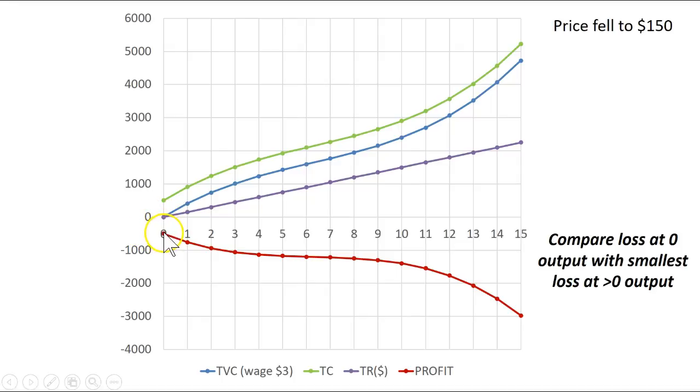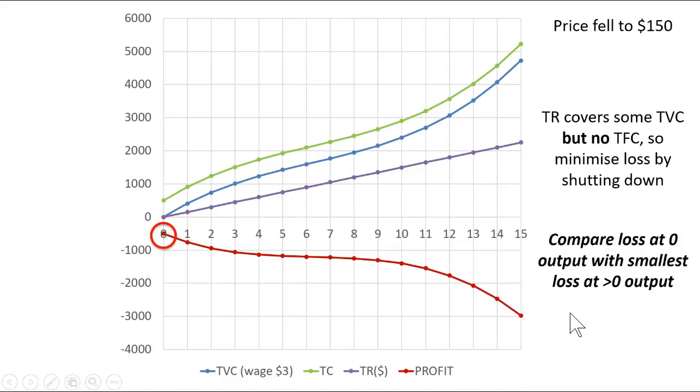The total profit is negative from the start, and we can see it's all downhill from there. At 0 level of output, the loss generated, which is 500, is less than at every other level of output.